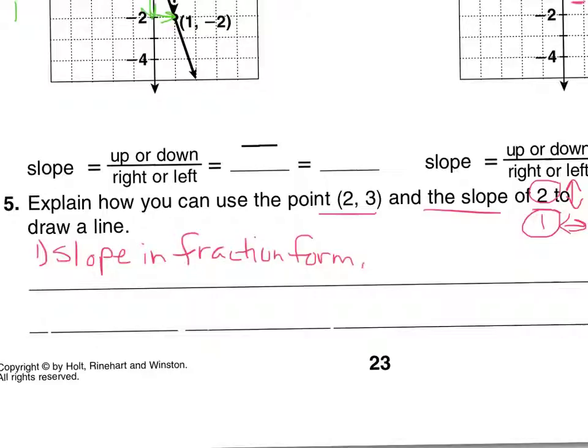All right, so then what do we do? The next step is we're going to have to plot this point. We need to know where to start on our graph. Once we plot the point, then we're going to have to travel and find another point that's going to be on our line. And how do we travel? We use the slope to tell us what direction. We use the slope to tell us how far to go up or down. We're going to go up 2. And then how far do we go left or right?